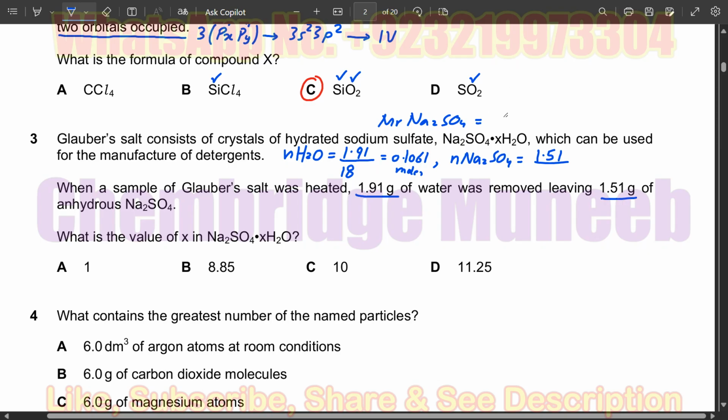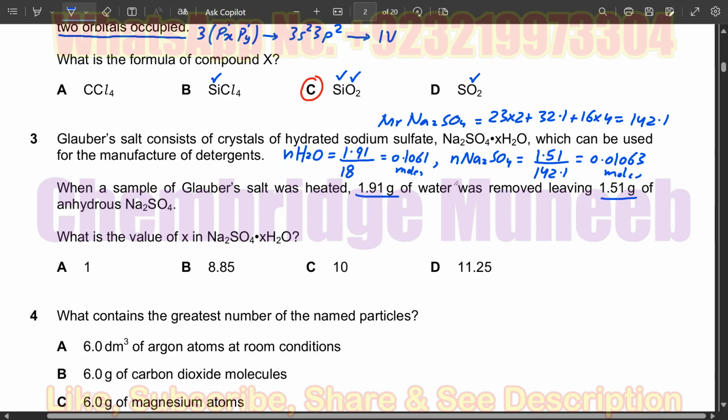It must be 23 times 2 plus 32.1 plus 16 times 4. The answer is 142.1. So 1.51 divided by 142.1. The answer is 0.01063 moles.